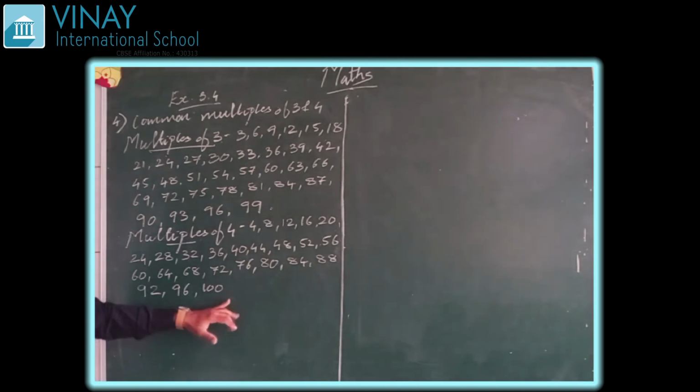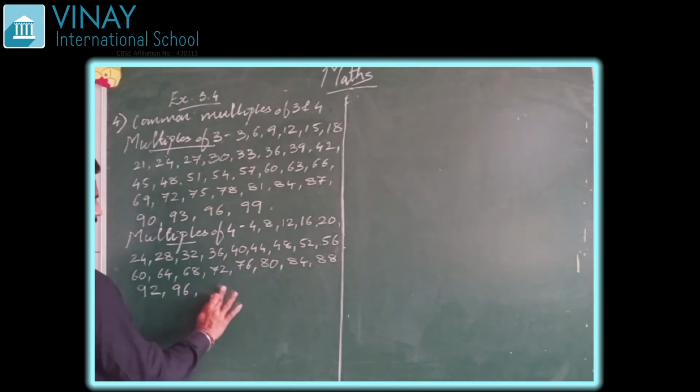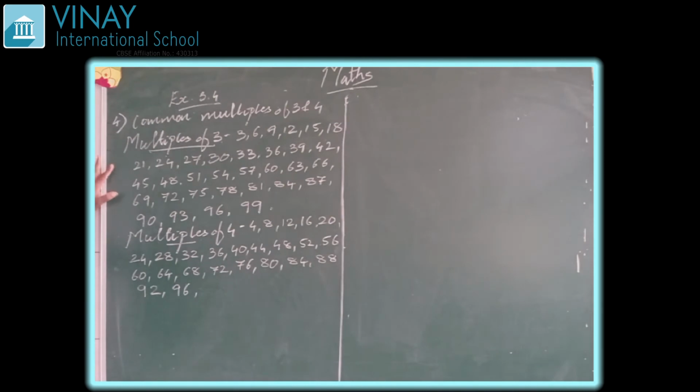No need to write 100, as we have to find numbers less than 100. So till 96.